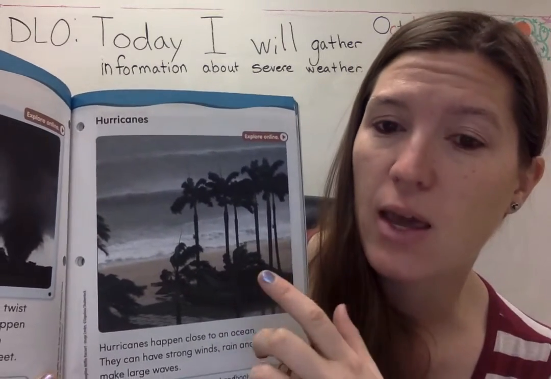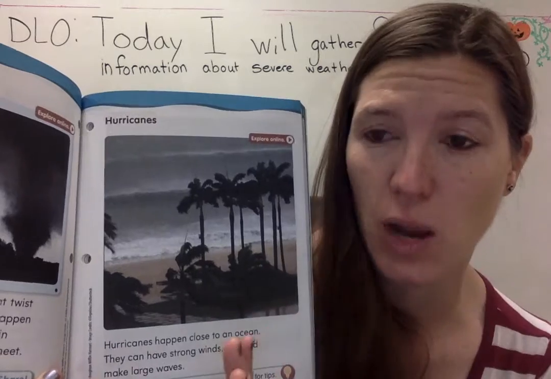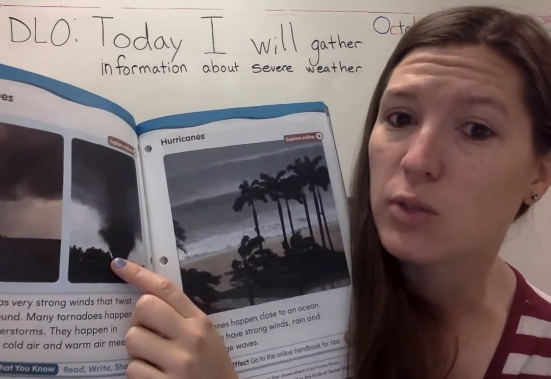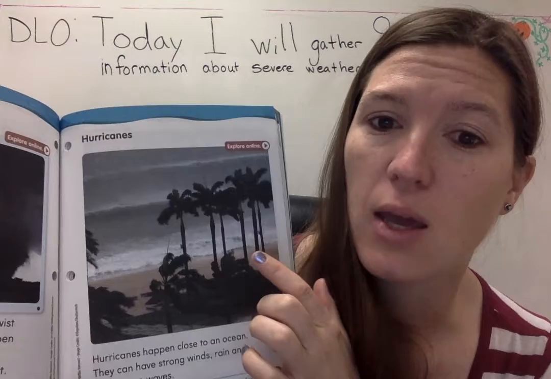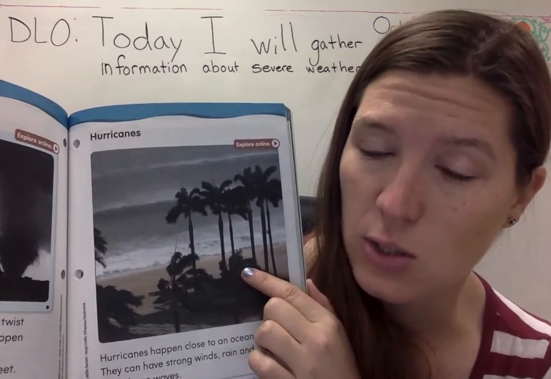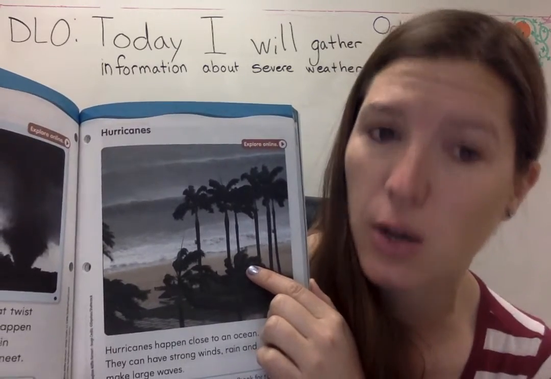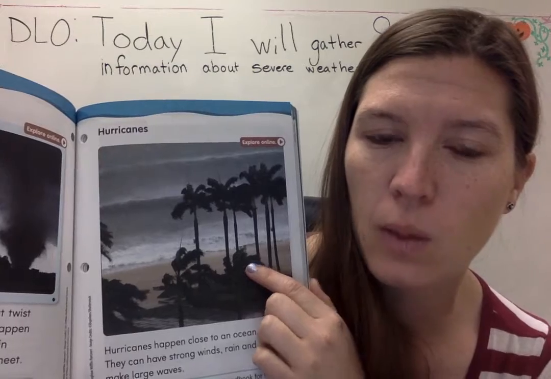Hurricanes happen close to the ocean, and they have strong winds and rain. So just like a tornado, they're during thunderstorms where it's raining and windy. Hurricanes happen when it's very stormy and windy and rainy. So they have a couple different similarities, things that are the same.